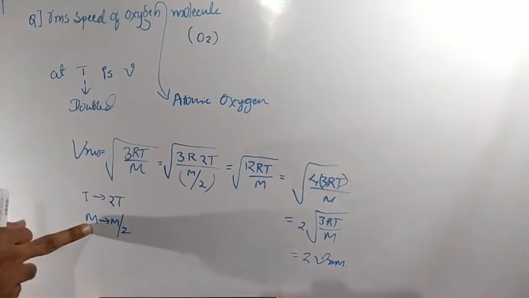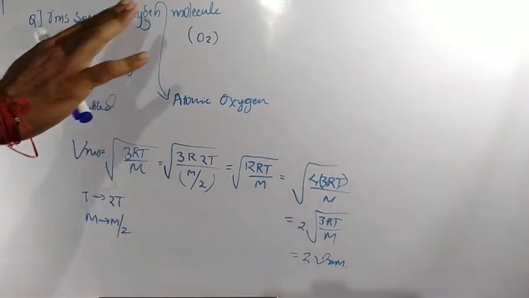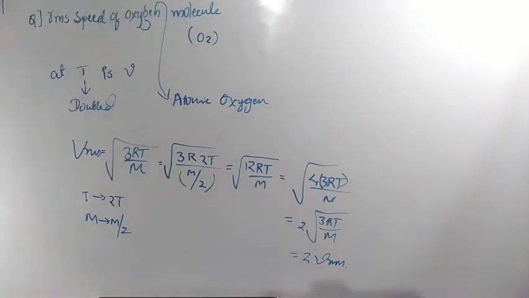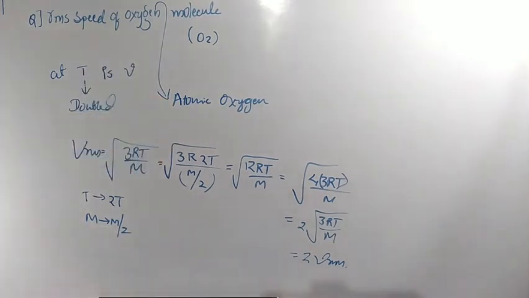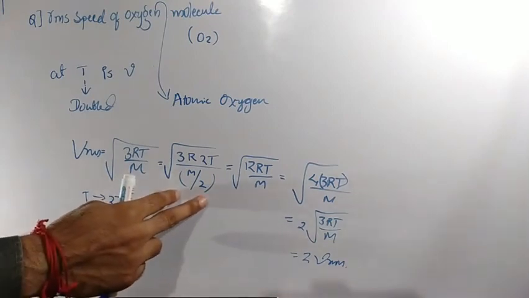M means the complete atomic mass of the oxygen molecule. Now it is becoming atomic oxygen, so the M value will change to half of that M value, which is nothing but M divided by 2. That M by 2 I substitute here.